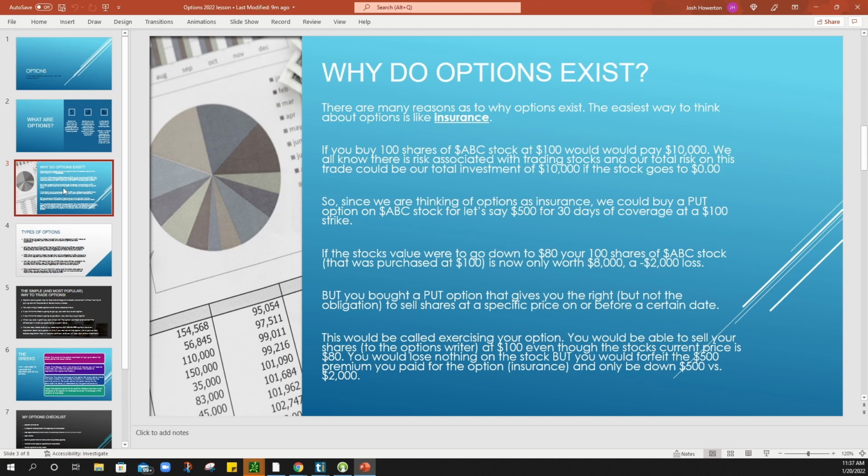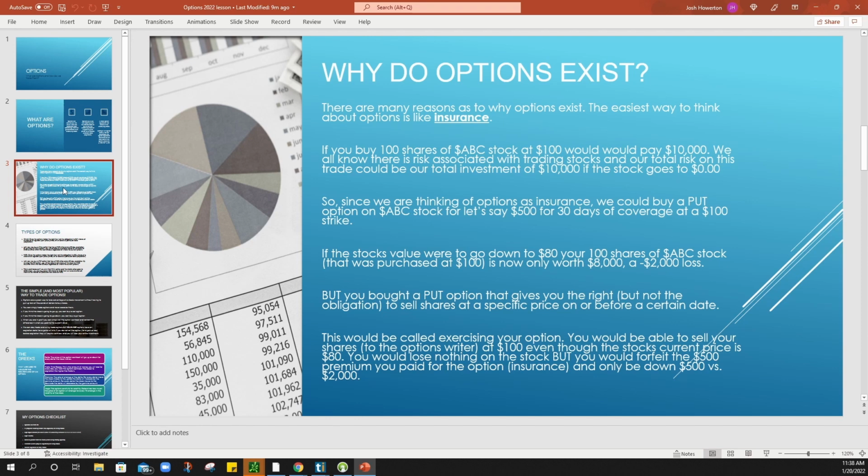So if you buy 100 shares of ABC stock at $100, you would pay $10,000. That would be your total investment. 100 shares of ABC stock at $100 per share. Your total investment would be $10,000, correct? We all know that there's risks associated with trading stocks.